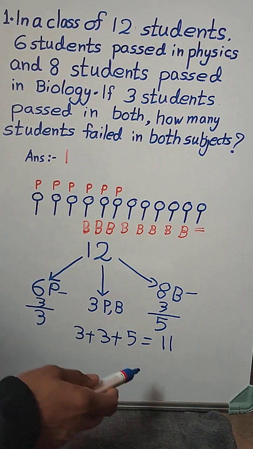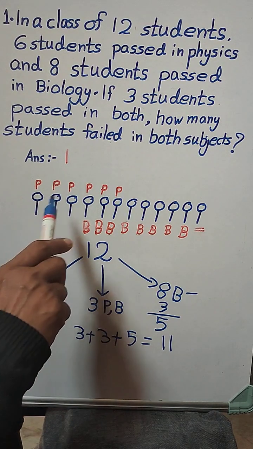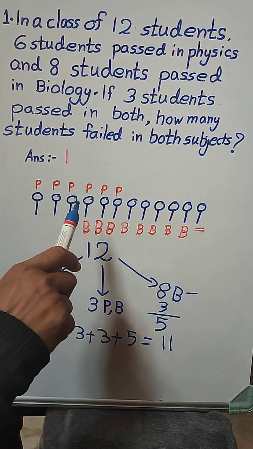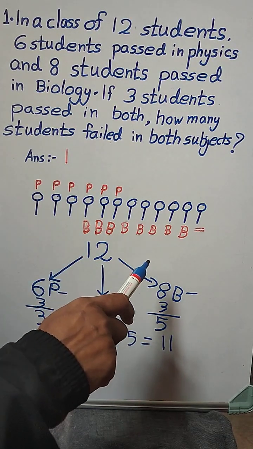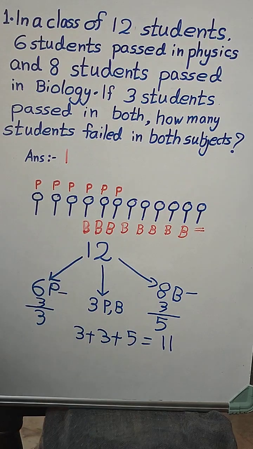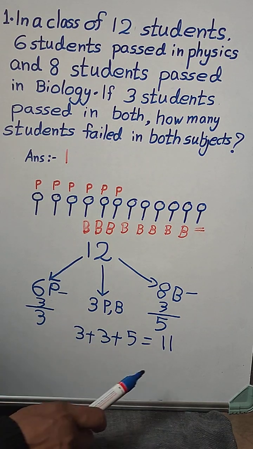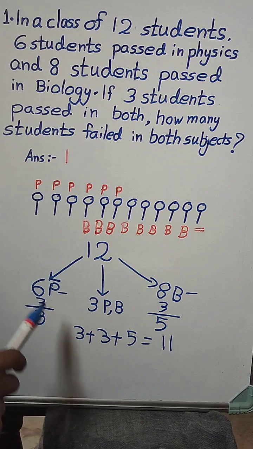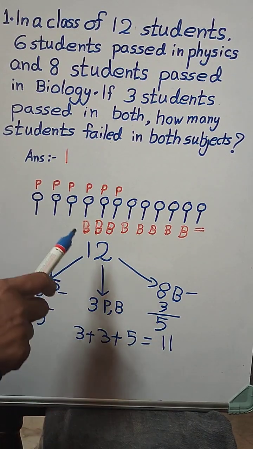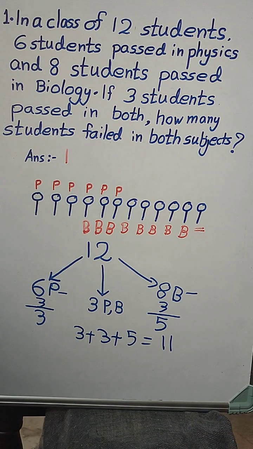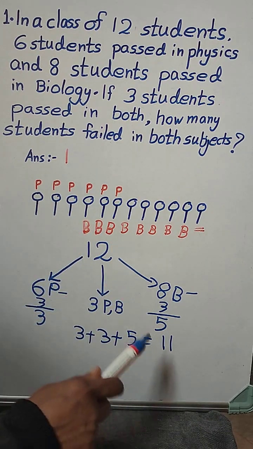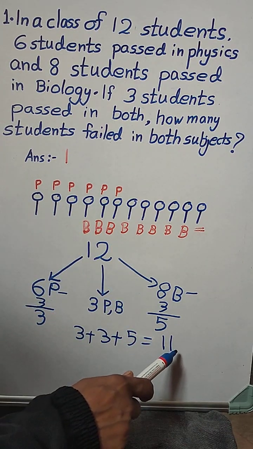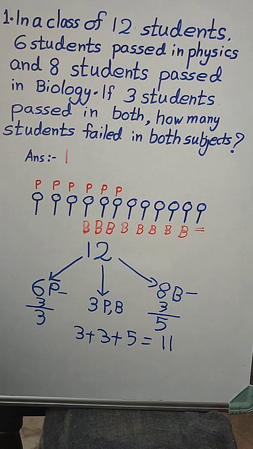So 11 students passed in either physics or biology or both the subjects. But here 1 remains without entering in this. So the answer is 1. 12 minus 11, total students minus 11, is 1. 1 is the answer.